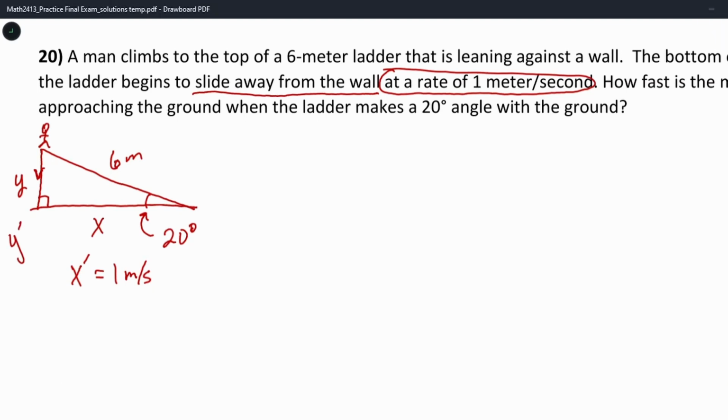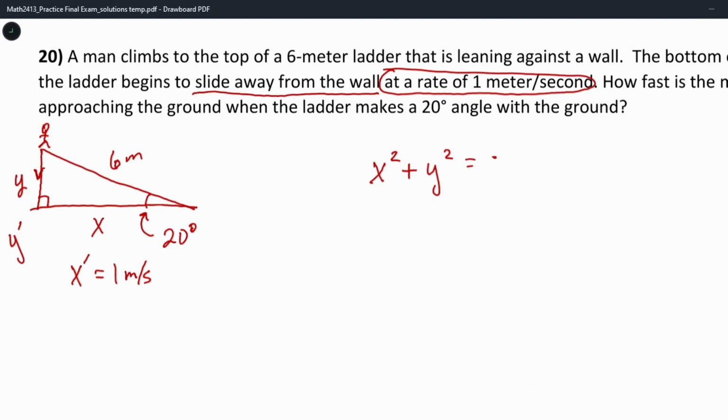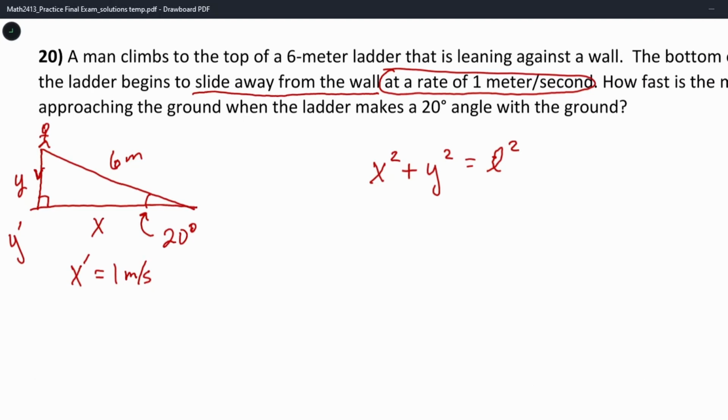We have a formula that relates all three sides of a right triangle, the Pythagorean theorem, and that's the equation we're going to start with. So x squared plus y squared equals L squared. L represents the length of the ladder, or the hypotenuse.